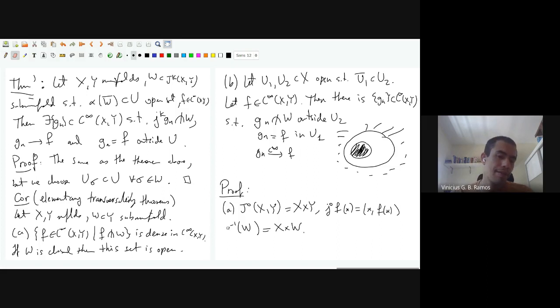It is a submanifold because it's kind of obvious. It's just a projection, so it's a submersion, so it's transverse to anything. And it's easy to see what it is: beta inverse of W is just X times W.